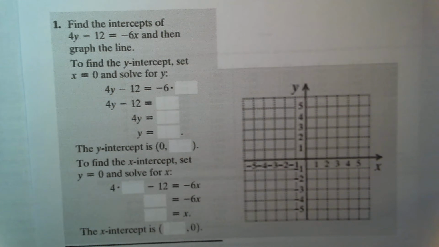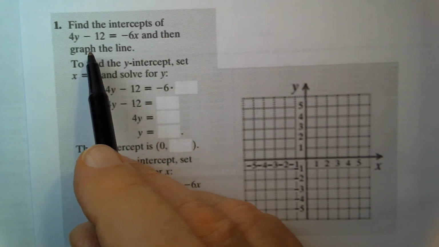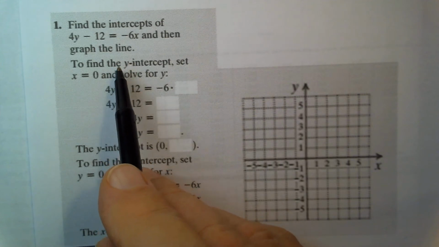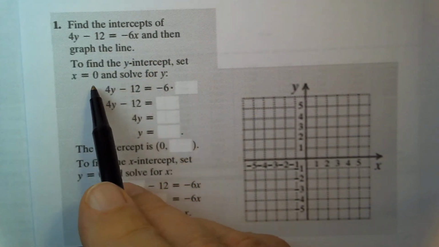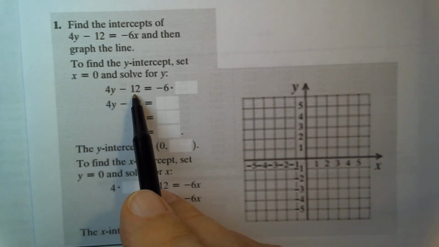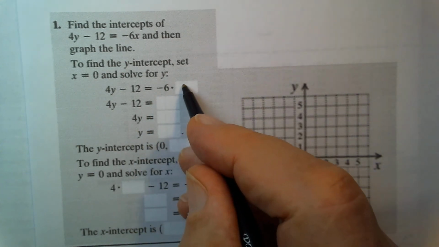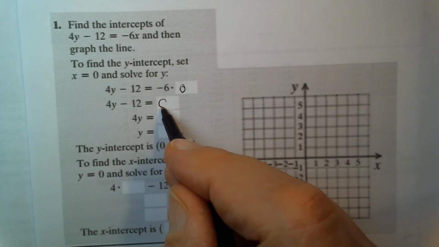So let's apply these principles of finding x and y intercepts. Here's the first exercise. Find the intercepts of 4y minus 12 equals minus 6x, and then graph the line of this equation. To find the y-intercept, we set x equal to 0. So 4y minus 12 equals minus 6 times 0, which is equal to 0.